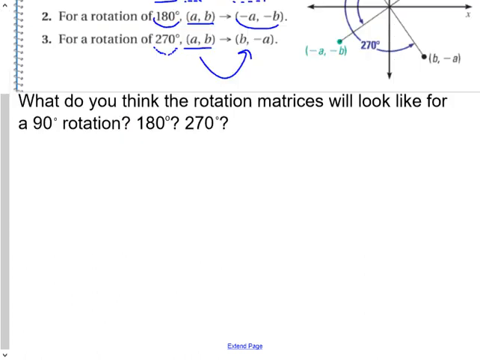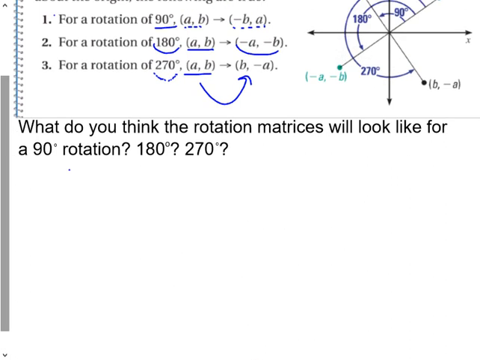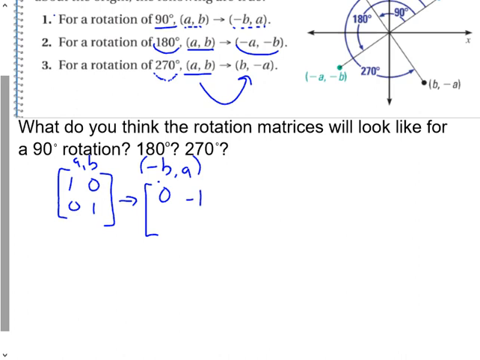Basically, how do we switch from (A, B) to (negative B, A)? I want my A to be my y value and my B to be my x value, so that would probably look like that. And then A would probably be like this, to multiply to get that x value to be the same. But we'll see if we're right on the next slide, and we can continue with 180 and 270.